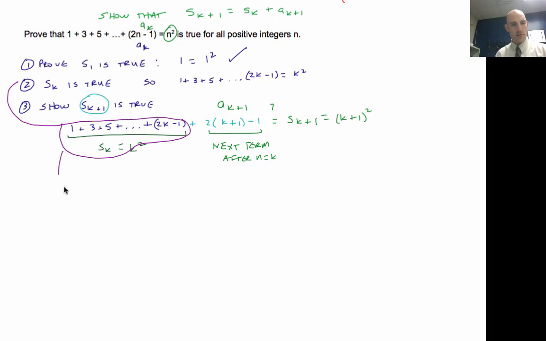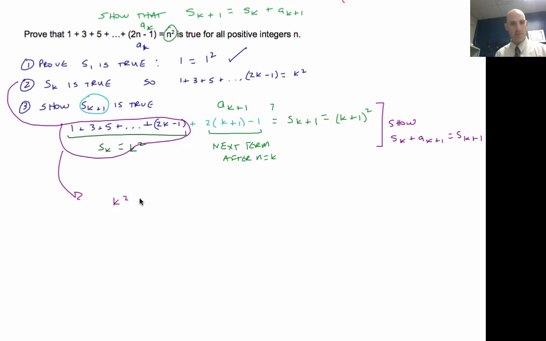So this is already equal to k squared. And this is what I'm doing: show that S sub k plus a sub k plus 1 is equal to S sub k plus 1. The sequence that I already had plus the next term is equal to the new sequence.